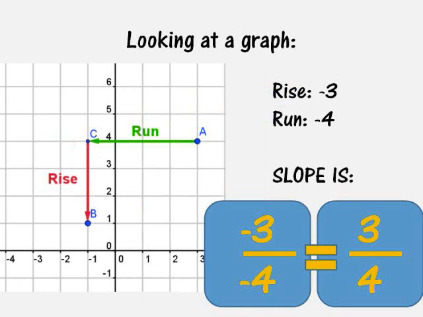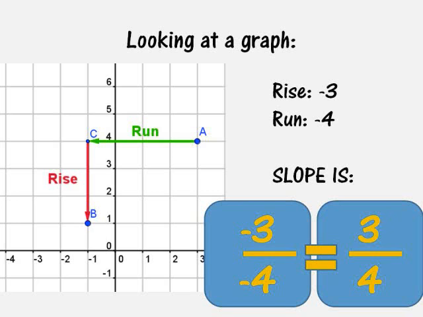Did you get the answer? I hope you did, but let's look at it just in case to make sure we understand. If we count the rise over run, we start with rise. If you count the vertical distance between A and B, you're counting down 3 units, meaning our rise value is -3.